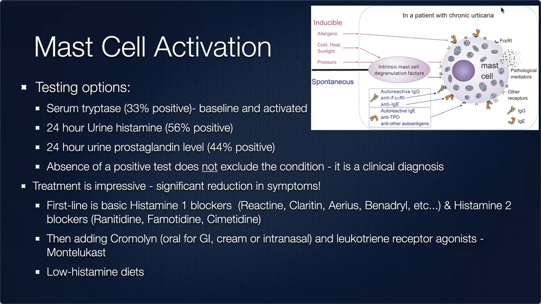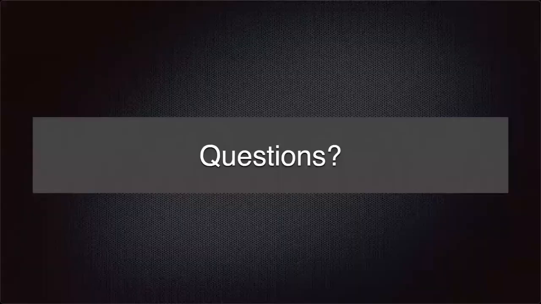And then if you can get 80 to 60% low, you probably have a lot better symptoms. And they're also coming out with more natural things that might decrease histamine levels. So it's a brave new world when it comes to MCAS.